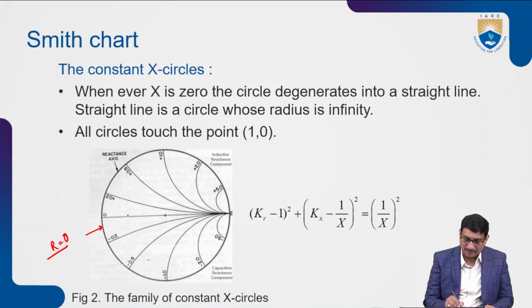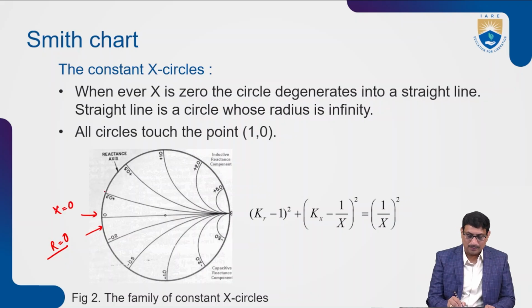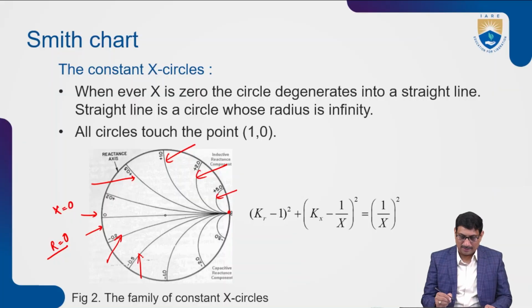And if I draw all these x circles, this is x equal to 0, which is a straight line itself. And this is x equal to 0.2. And this is x equal to 0.5. x equal to 1, x equal to 2, x equal to 5, x equal to infinity. Similarly, x equal to minus 0.2, x equal to minus 0.5, minus 1 and all these.